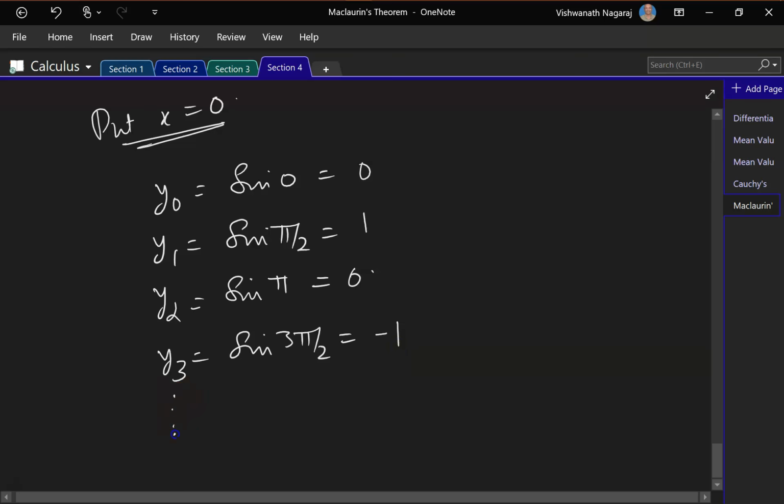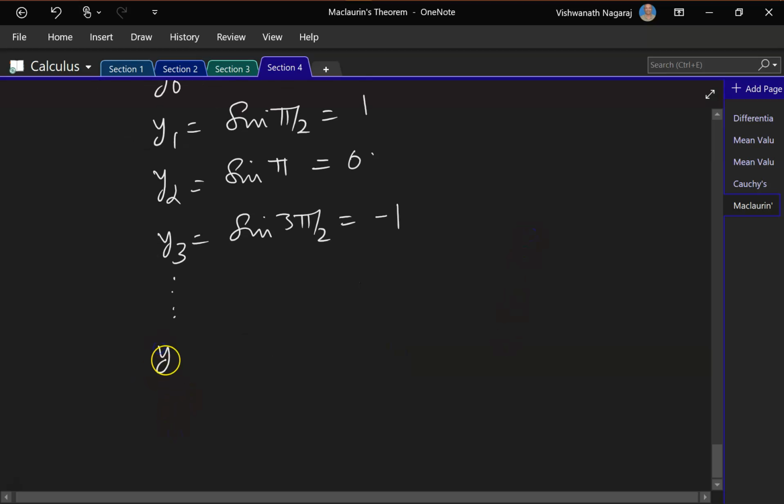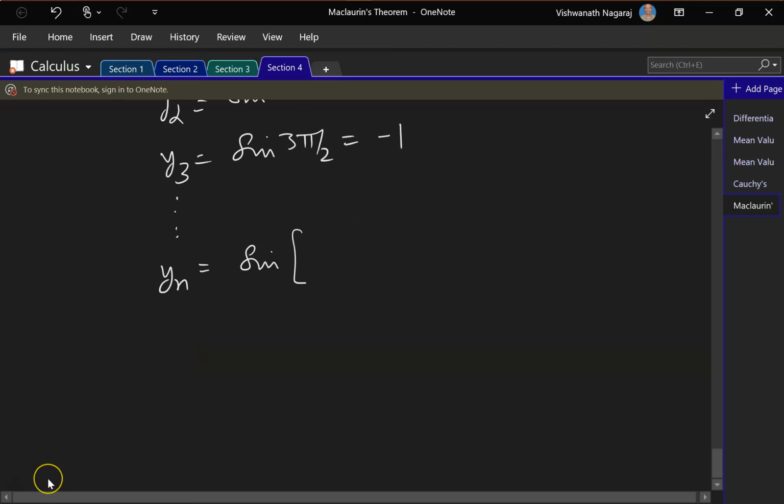And if we follow this pattern, the nth derivative would be sin(n pi/2).